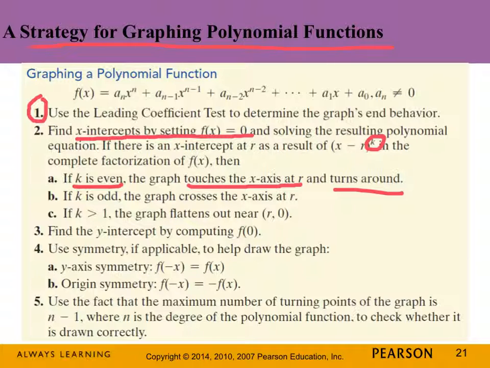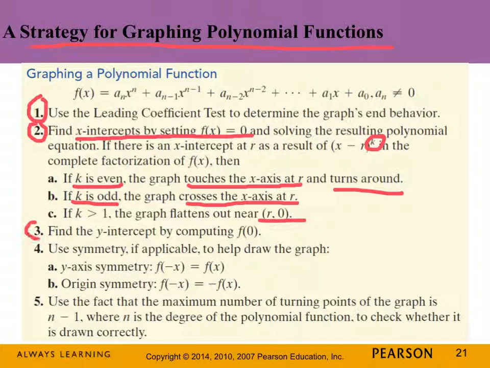If that multiplicity is an odd number, then the graph's going to cross the x-axis at that root, at that x-intercept. And as long as the multiplicity is greater than 1, the graph is going to flatten out near the root on the x-axis. Okay, so that's just the second step.